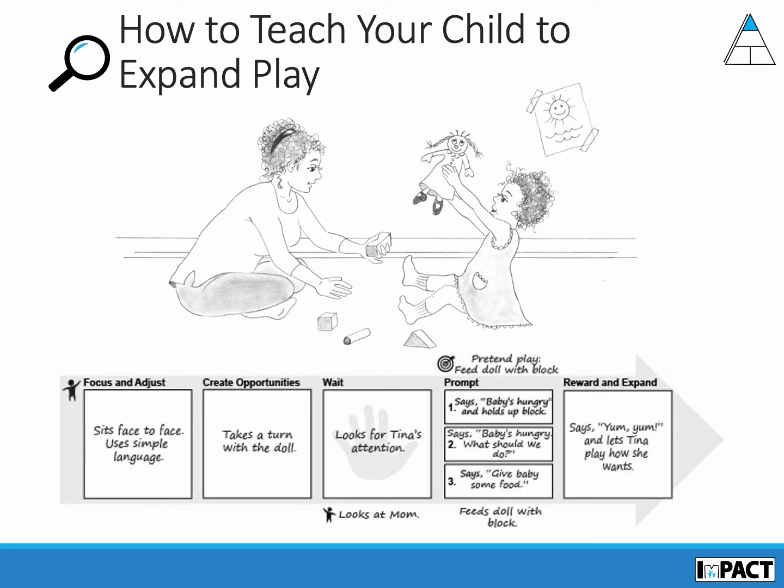When Tina doesn't respond, her mom adds more support by giving the verbal instruction, "Give the baby some food." Tina then responds by using the block to feed the baby. Her mom rewards Tina by praising her and letting her play with the doll the way she wants.